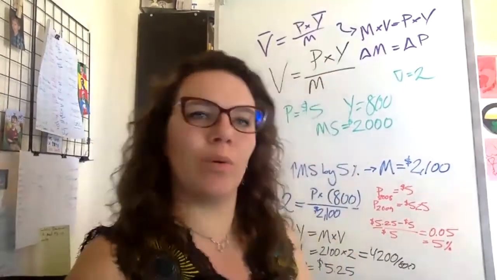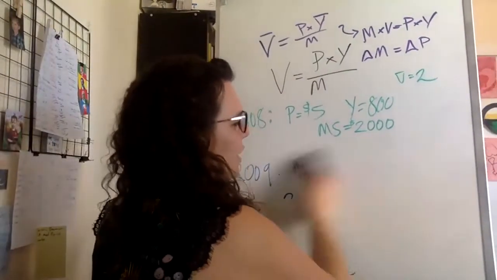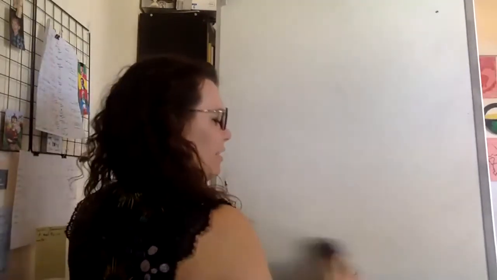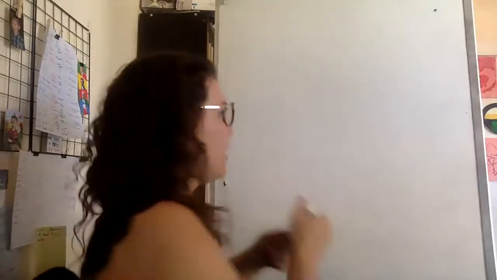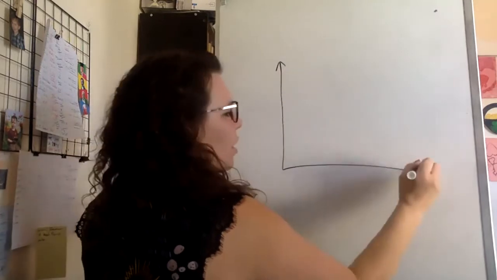And so for this, what we're going to be using is the graph of the federal funds rate. We want to remember that we have three tools that the Federal Reserve can use to target the federal funds rate in order to try and affect the money supply and affect the economy. And so we have the market for the federal funds rate, and this is on your graph, on your assignment.